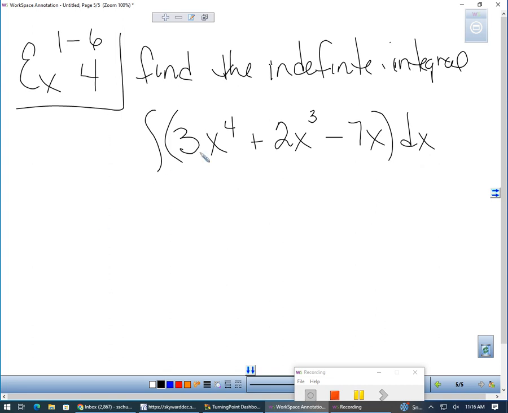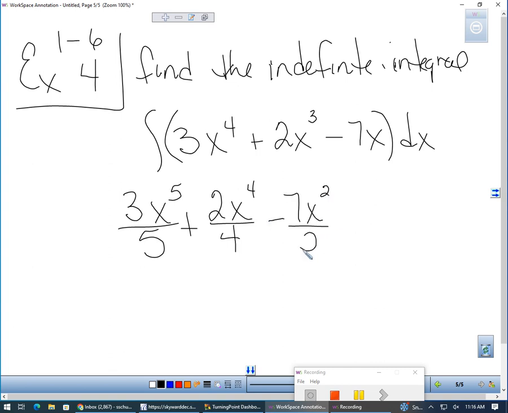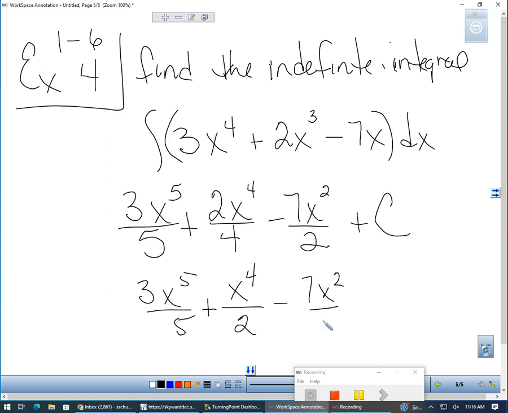The antiderivative of the first one is 3x to the fifth over 5, plus the next one is 2x to the fourth over 4, minus 7x squared over 2, plus c. Now we can simplify it a little bit. So we have 3x to the fifth over 5 plus 1/2 x to the fourth minus 7x squared over 2 plus c.